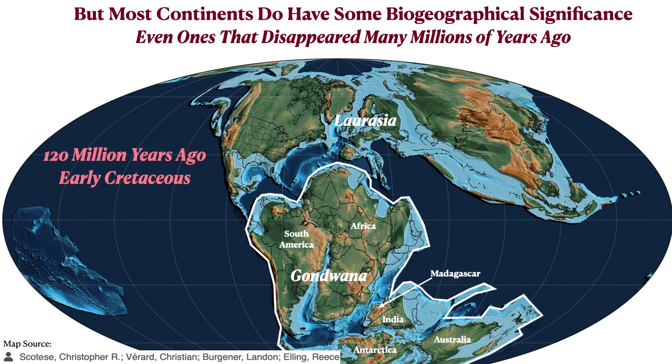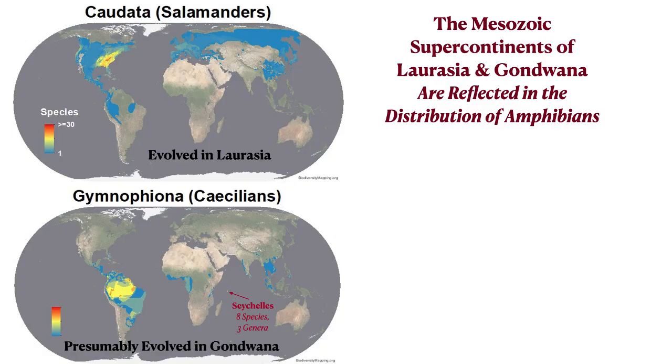And in some groups of animals, you can still see today remnants of this division. One good example would be in amphibians, not so much with frogs and toads, but with the other two great divisions of amphibians, the salamanders and the caecilians.